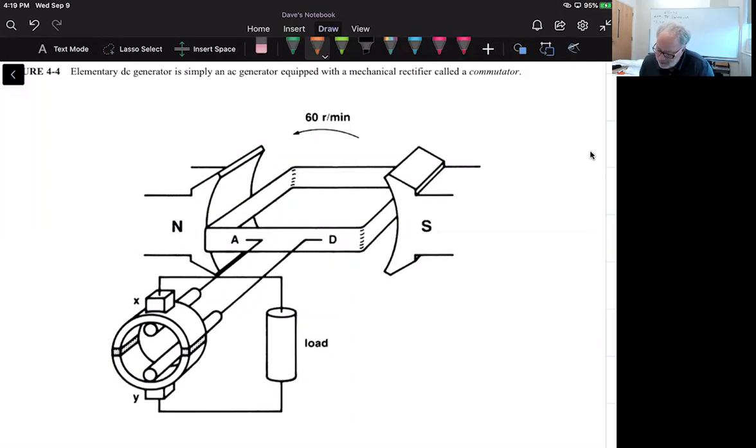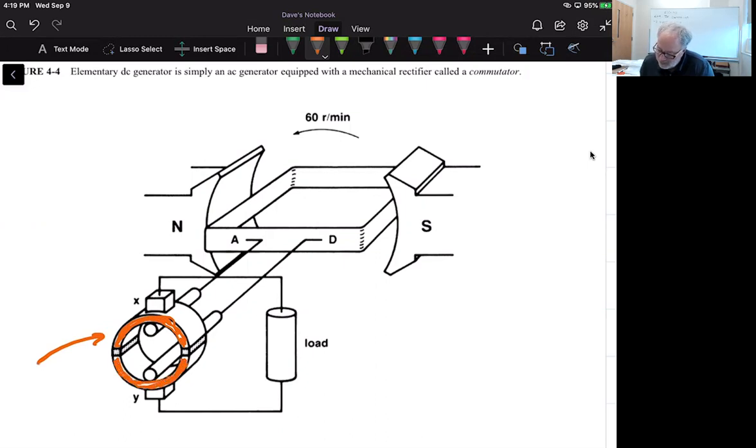Everything's the same, except if we go into some detail and look at this thing. I want you to think about this. This is called a commutator. And this is a solid piece here in the orange that I'm outlining, and it's conductive just like the slip rings. And this is also solid and conductive, say it's made of copper.